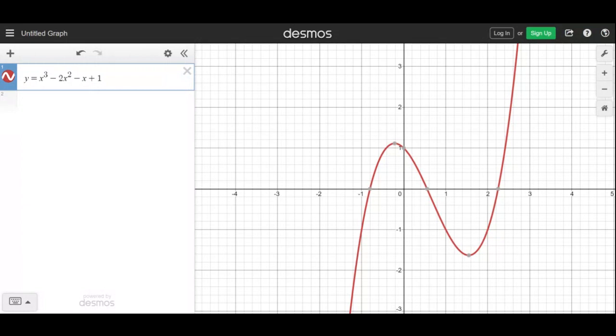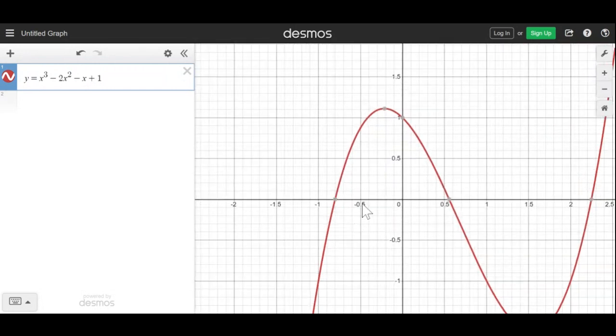As you can see here, here's the zero, in between negative 1 and negative 1/2. You can see negative 1 is here, and negative 1/2 is somewhere there. So let's zoom in so you can see clearly. Negative 1/2 is here, and there's negative 1 here.